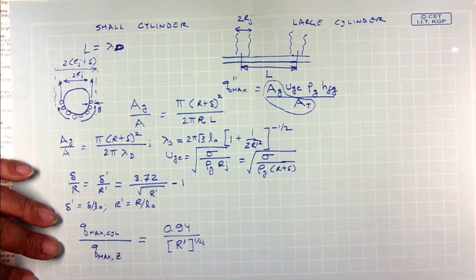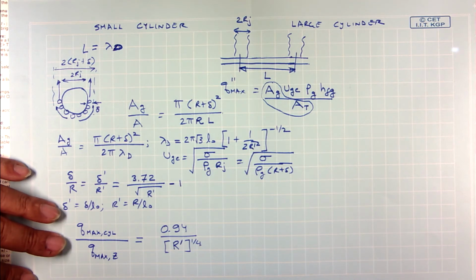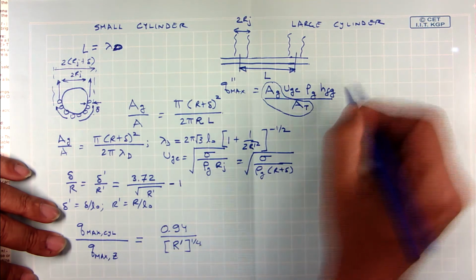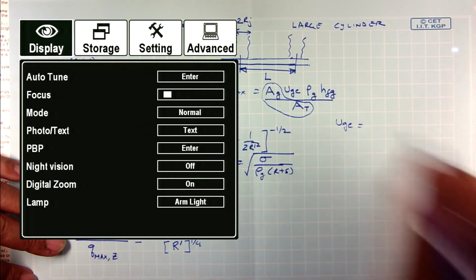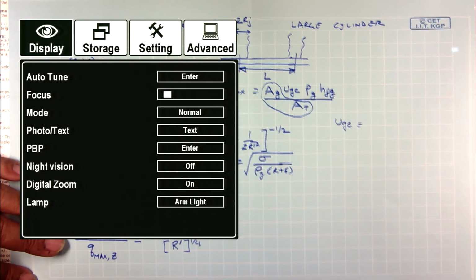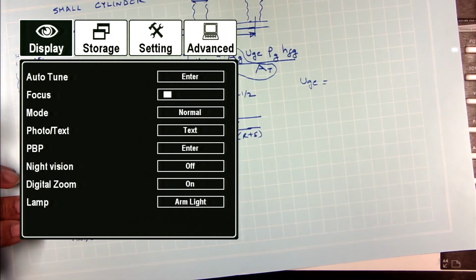Okay. Now, if I look at the large cylinder limit, in the large cylinder limit, my UGC is equal to... how do I get this out?